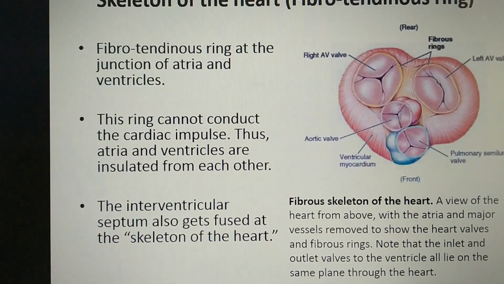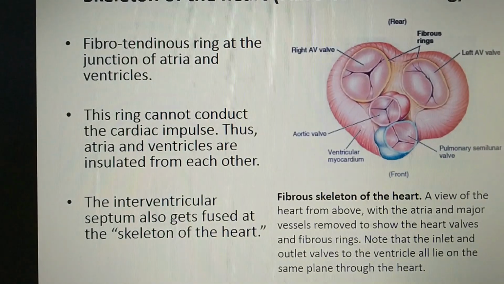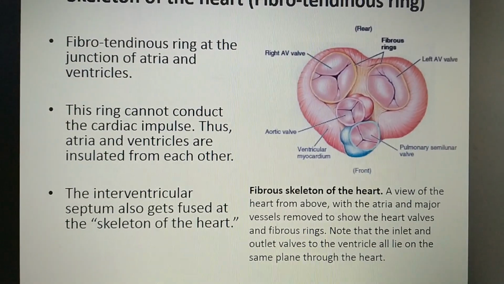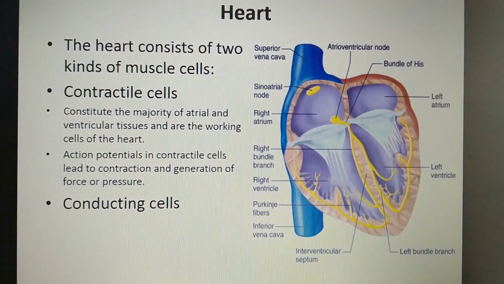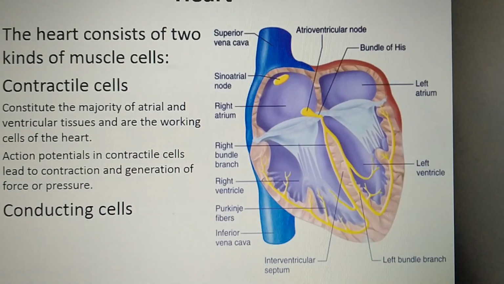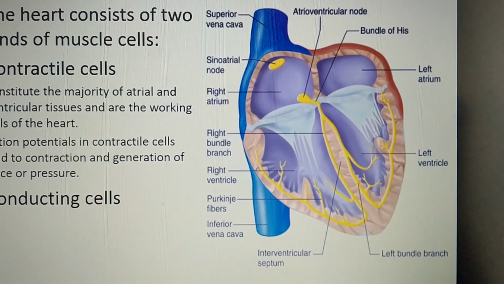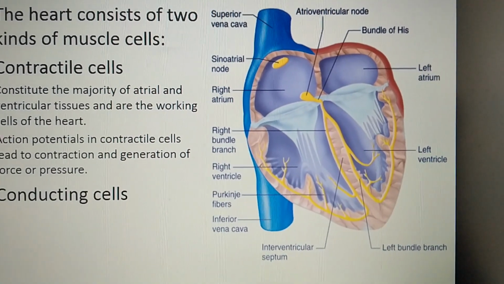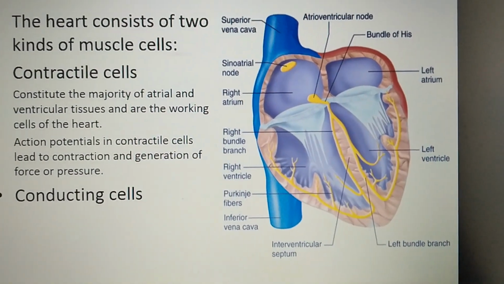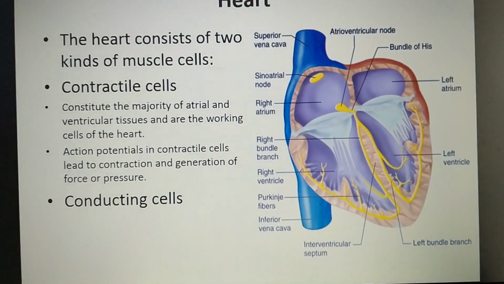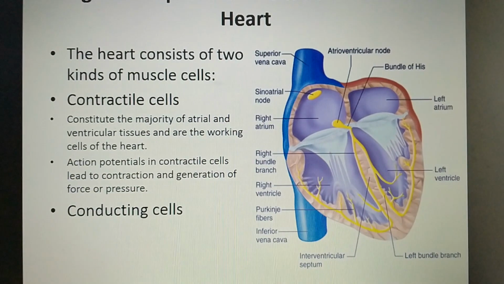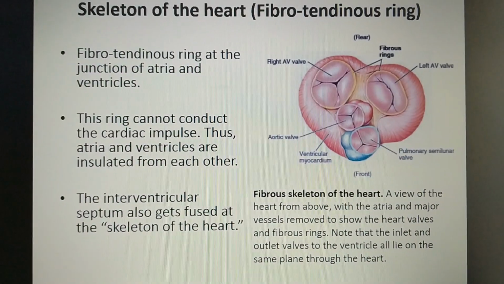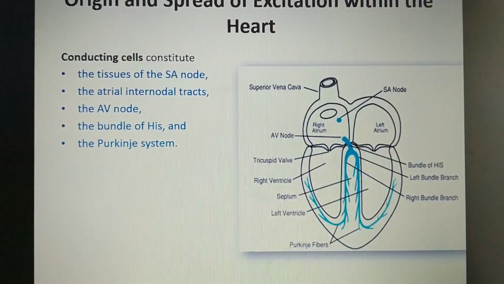So this ring cannot conduct the cardiac impulse, and this is the reason why, as shown earlier in this diagram, these yellow structures are the only ones that can conduct the impulse from the atria to the ventricle. The syncytia cannot conduct impulses to each other directly. If they did so, that would not be a physiological function in the heart.